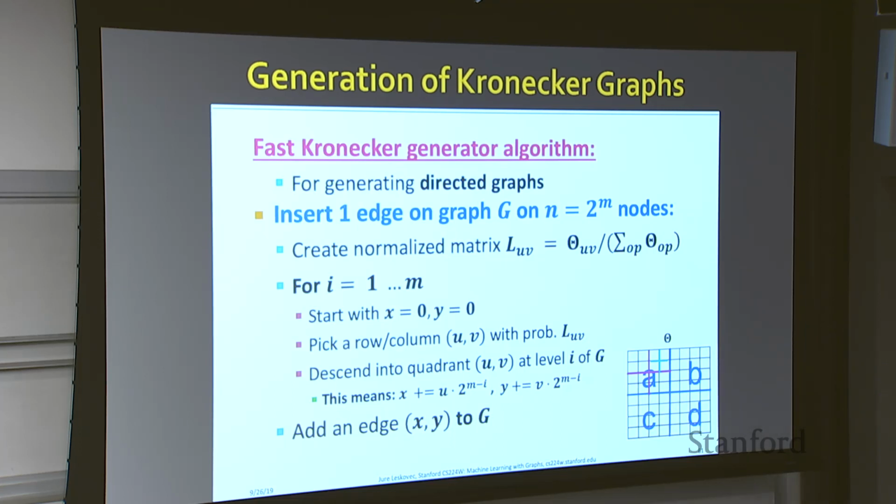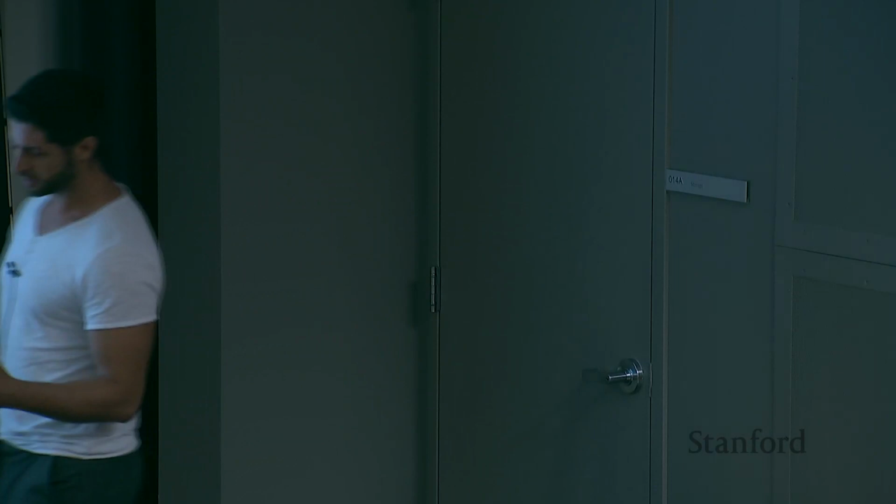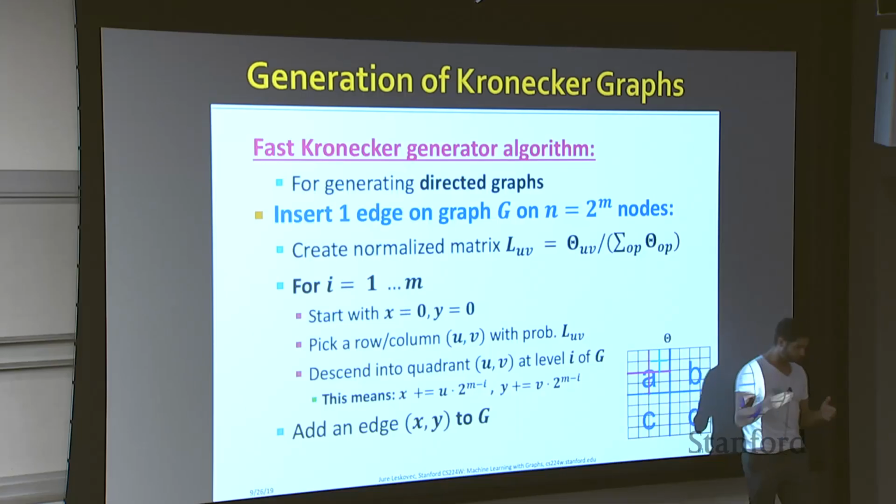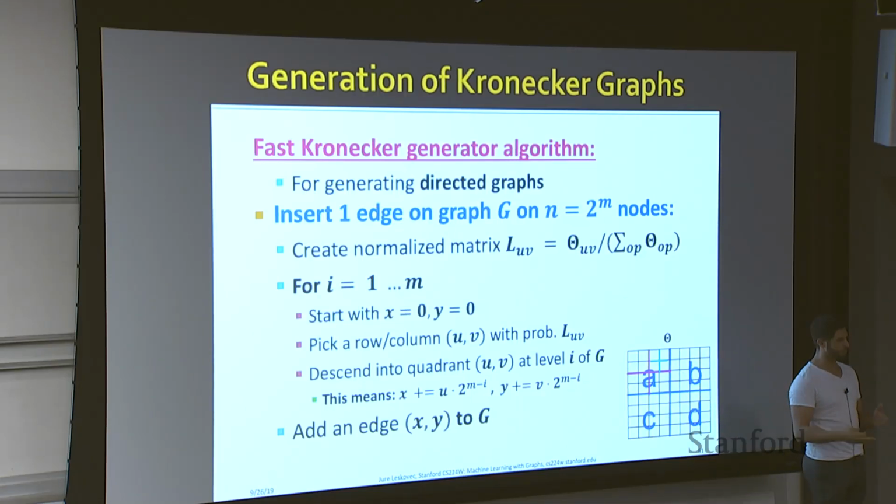So let me give you a question. With this method, we have to decide on a total number of edges to drop in. Correct. As previously, that could be random. How do we choose that number? So basically, it's a great question. Here we need to choose the number of edges that we want to generate. Before, it was all based on the probability. You choose the number given some common sense assumptions, some real world assumptions.